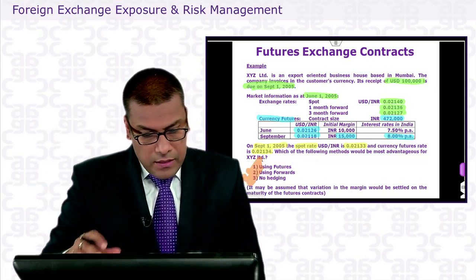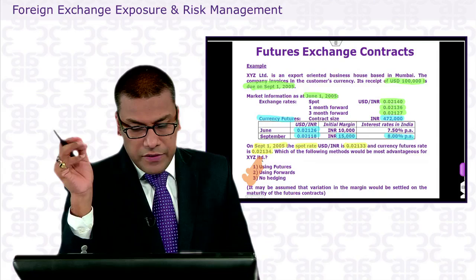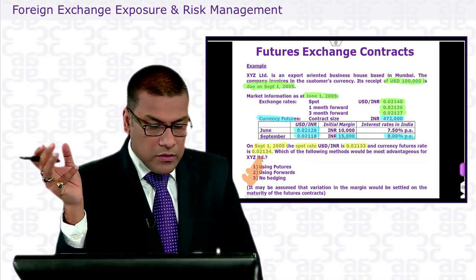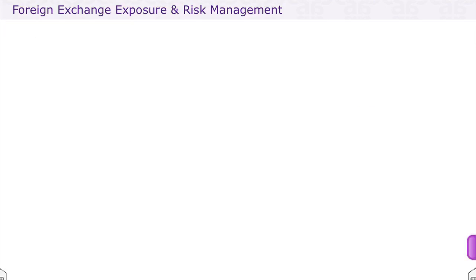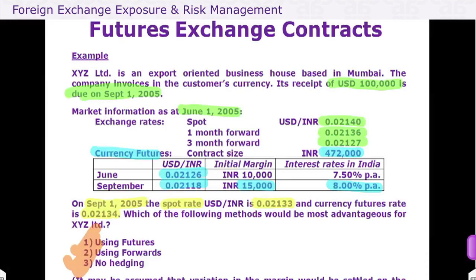There is an assumption made in this problem that the variation in margin would be settled on maturity of the futures contracts. So that is what we'll keep in mind. Let's see if you go for futures. The rate for the September futures contract is 0.2118.